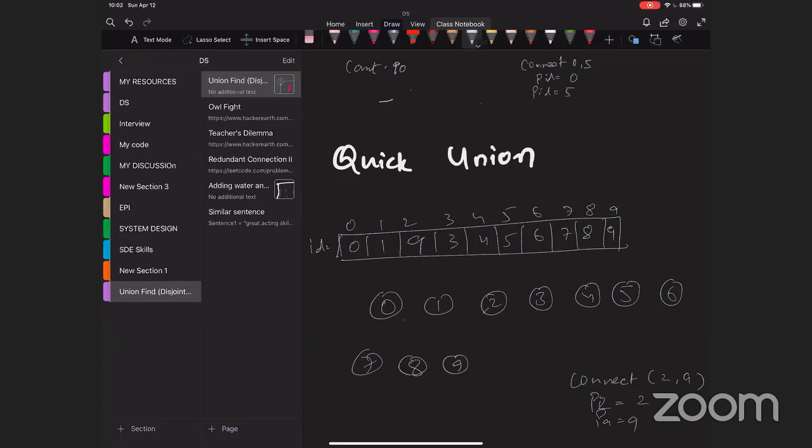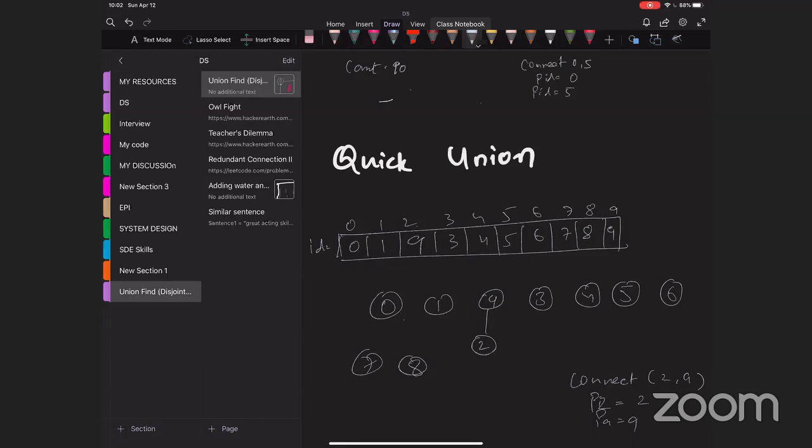So our representation kind of changed, right? Did you notice that? See, zero's parent, if we call it a parent, 0 is 0, 1 is 1, 2 becomes 9, right? And everything else is the same.